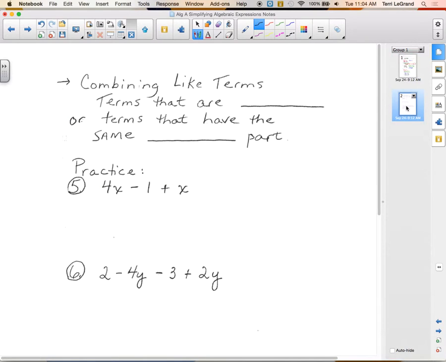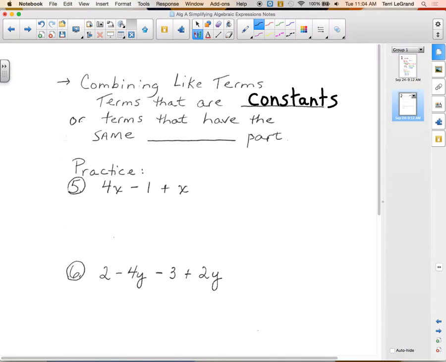Okay, let's go to the back side. The other type of thing that we can do, it says, to simplify algebraic expressions in our learning goal is we can simplify them by combining like terms. Okay? So, when we talk about combining like terms, we're talking about terms that are constants, because if they're constants, they're like terms. 3 can be added to 6, negative 2 can be added to 1.5.